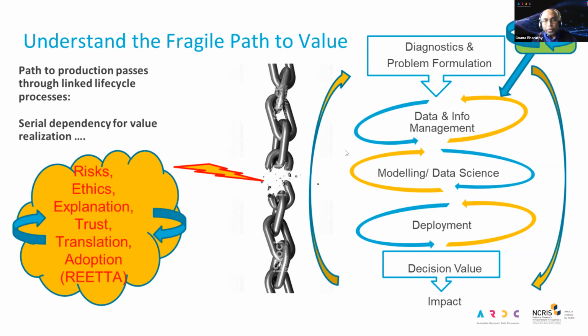And then, of course, you have to gather and prepare the data, which goes through the data lifecycle management itself. And then, of course, modeling or the data science process that I mentioned. And then the deployment, which is more of a technology process. So it's a chain with fragile links between these life cycle processes or loops. Many things could break it.